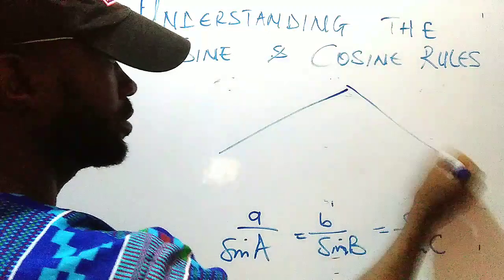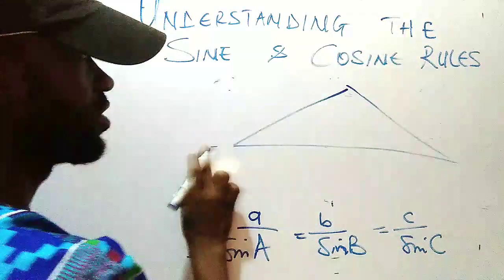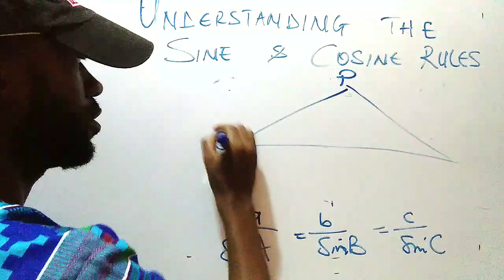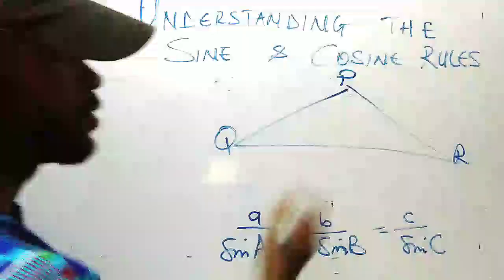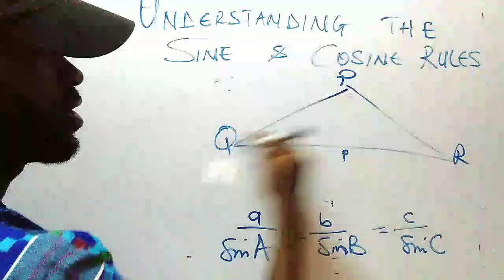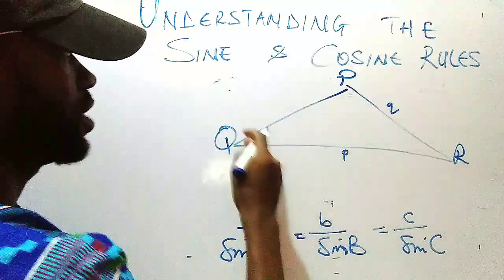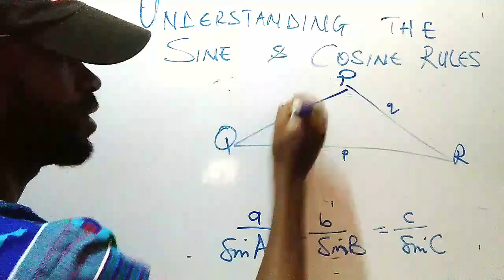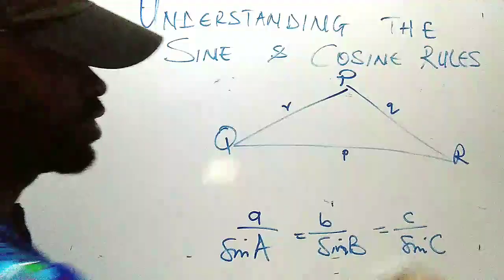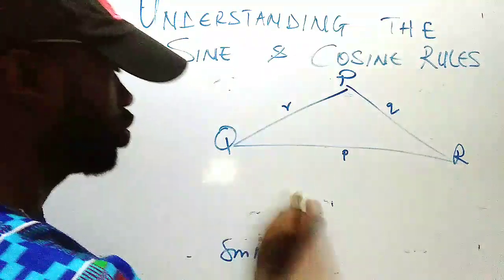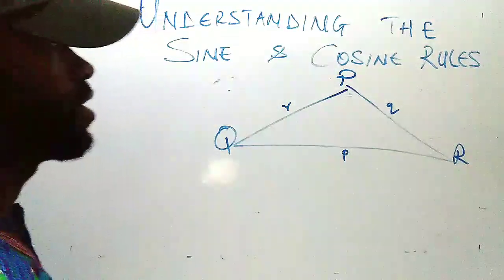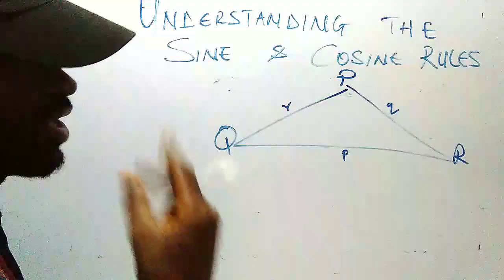Okay, so this is it. If you're having a triangle, let me call this triangle P, Q, R. So here will be my small p, here will be my small q, and here will be my small r. The condition for the sine rule is two sides and an angle.